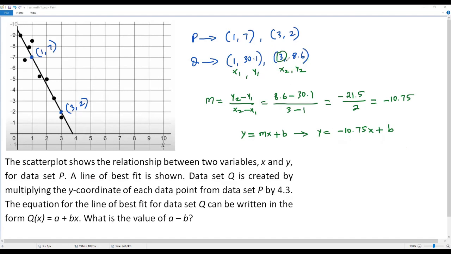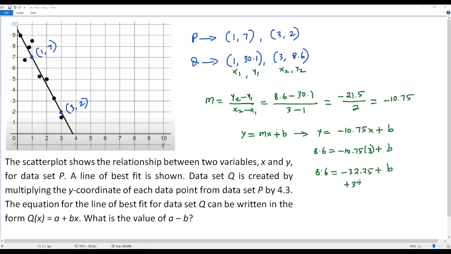I have to plug in this x coordinate 3 for x over here and y coordinate 8.6 for y over here. Then 8.6 equals negative 10.75 times 3 plus b. Let me multiply negative 10.75 by 3. When I do so, I am getting negative 32.25 plus b.